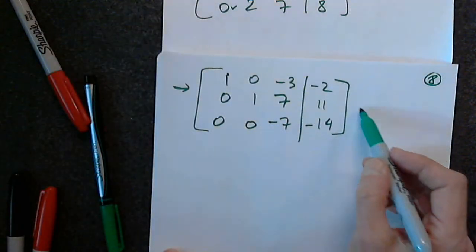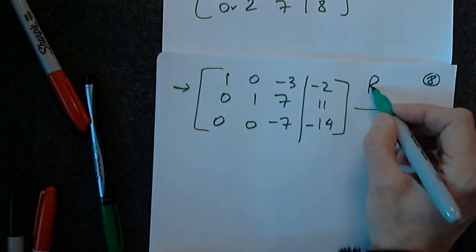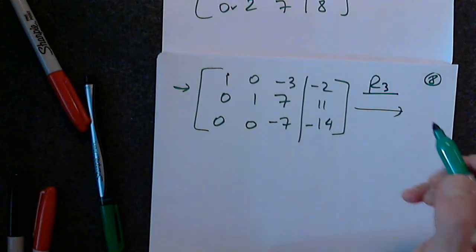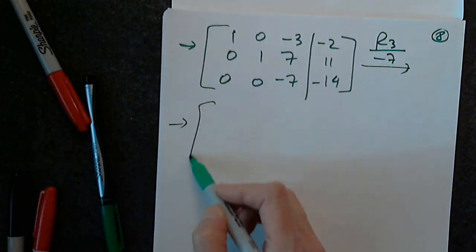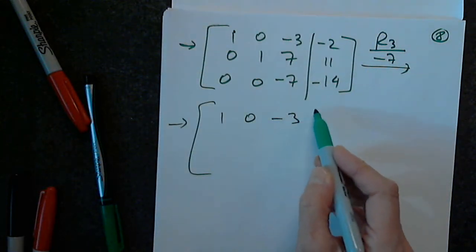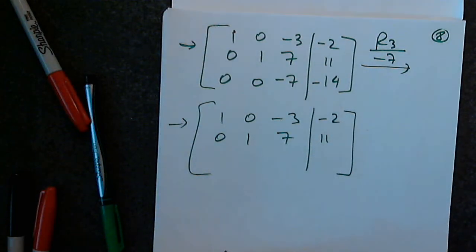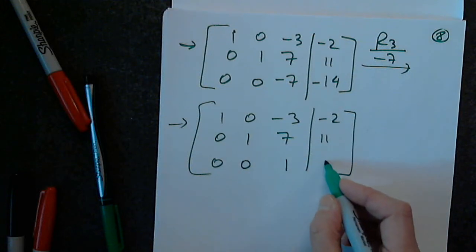Okay. The next step must be getting a 1 in the third row. So I have to divide the third row by something. Very good. So here it is. We copy the first 2 rows. We copy 0, 0, 1, and 2.